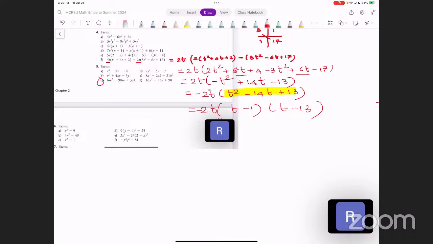We know it's an even number, so it's divisible by 2. When you add the digits together, 3 plus 2 plus 4, it becomes 9, which is divisible by 3. So because it's divisible by 2 and 3, we know it's divisible by 6. So clearly you can take a greatest common factor of 6. Make sense?